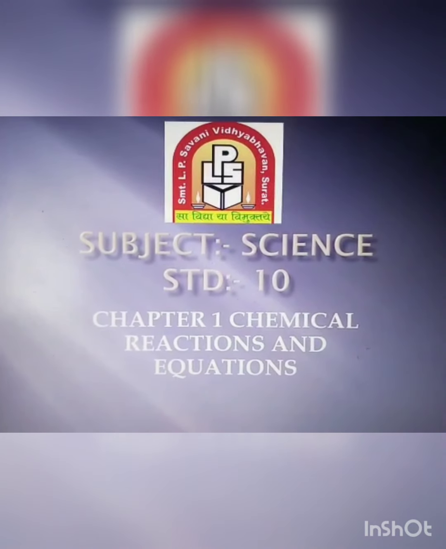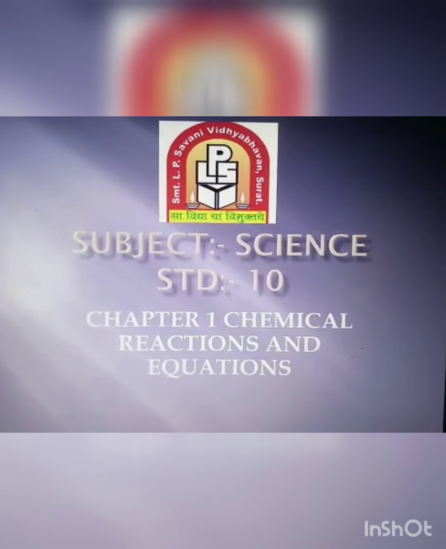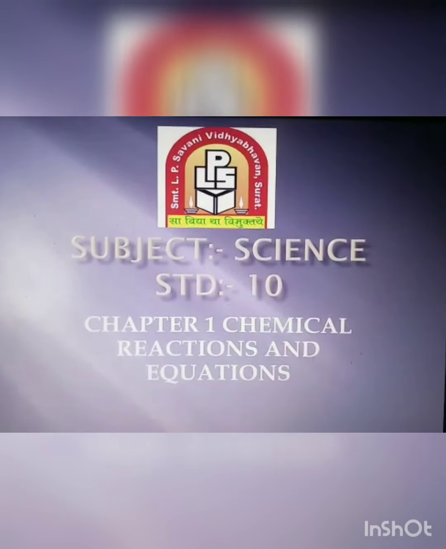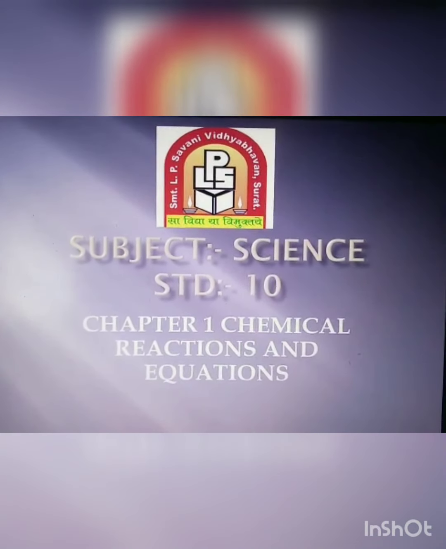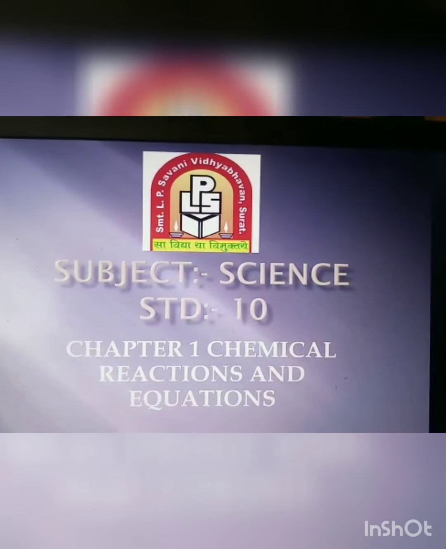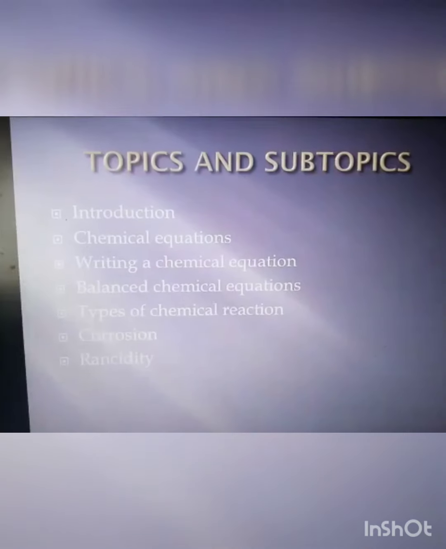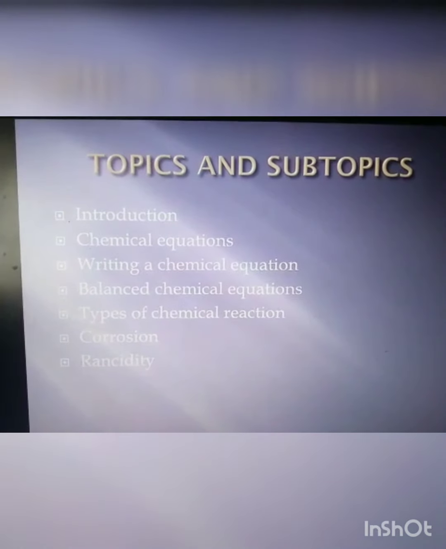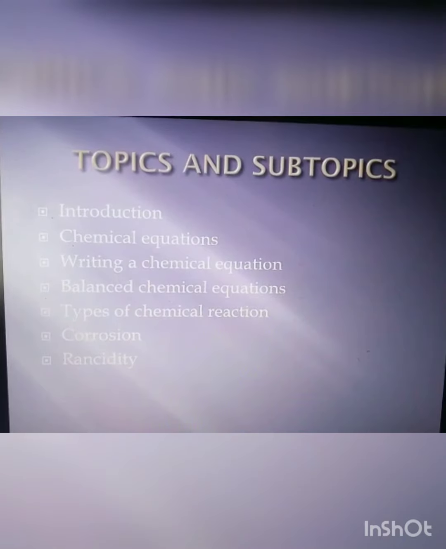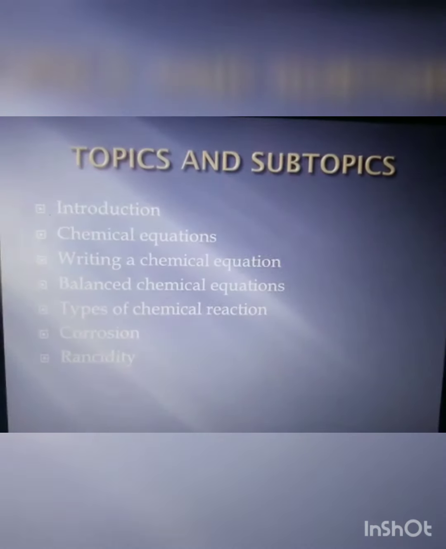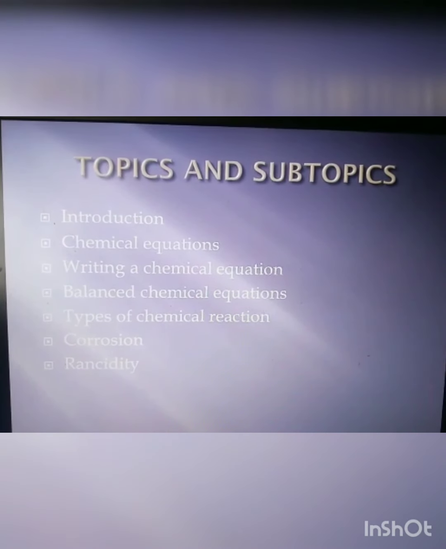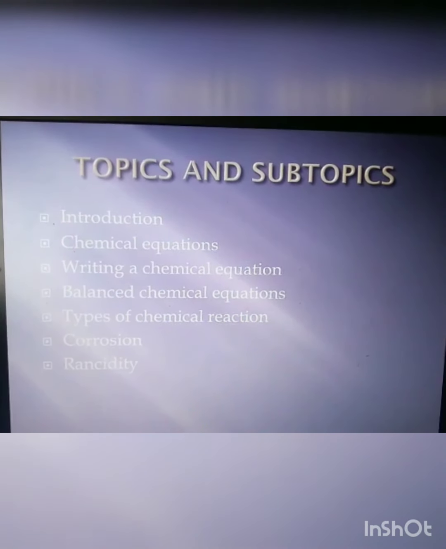Good morning. Now, in science, we are going to start a new chapter, that is chapter one, chemical reactions and equations. In this chapter, we are going to discuss the topics: introduction of chemical equations and reactions, then chemical equations, writing a chemical equation, balanced chemical equations, types of chemical reaction, corrosion and rancidity.